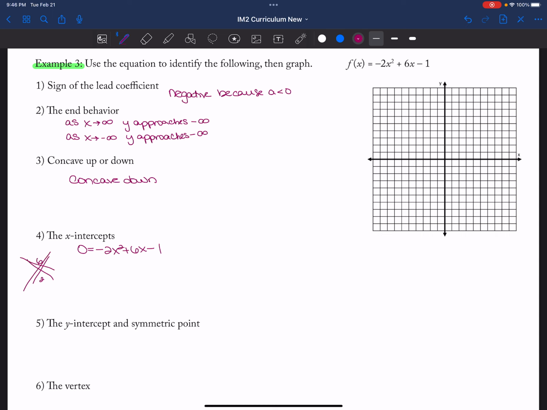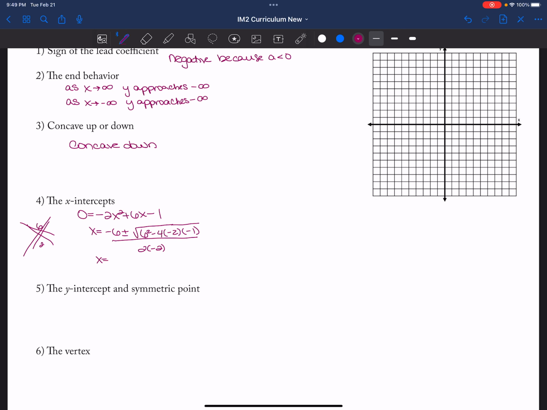So the only thing that I can do is to use the quadratic formula, unless you really want to complete the square, but then I got to use the quadratic formula. So x is equal to negative b plus or minus the square root of b squared minus 4 times a times c, all over 2a.